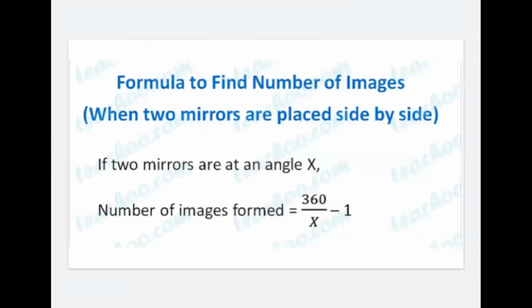So in order to find the number of images, we can make use of a simple formula, that is 360 upon x minus 1, where x is the angle at which the 2 plane mirrors are inclined with respect to each other.